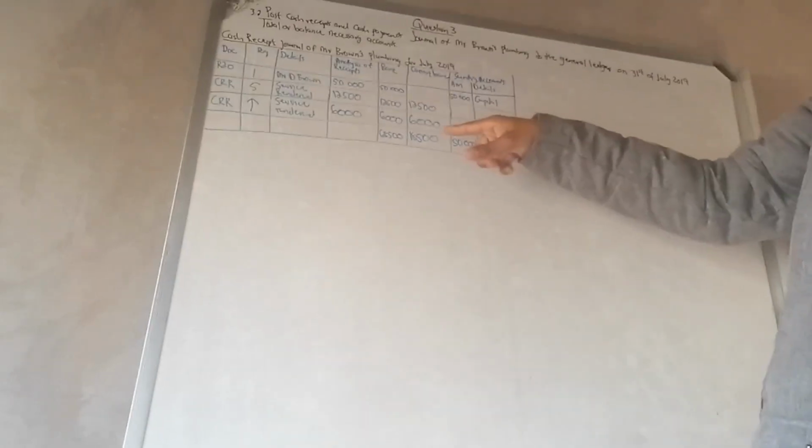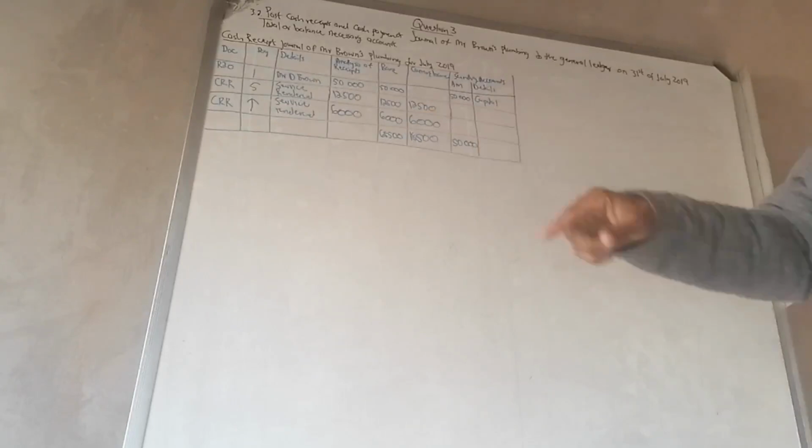And 50,000 plus 18,500 is 68,500. So the journal balances.